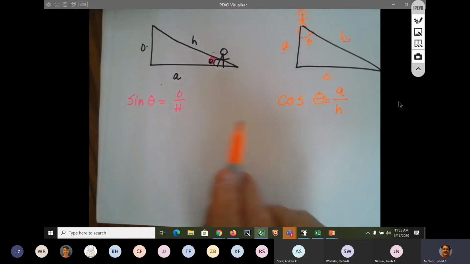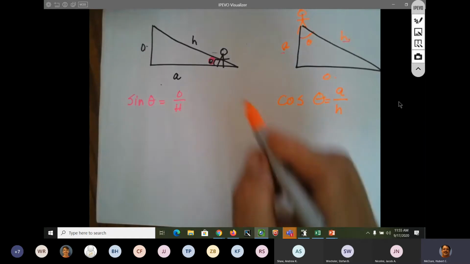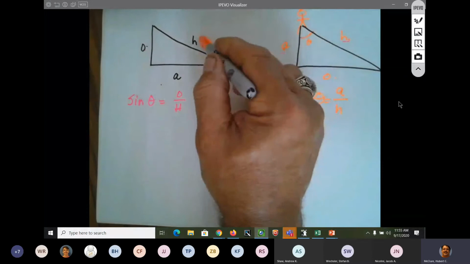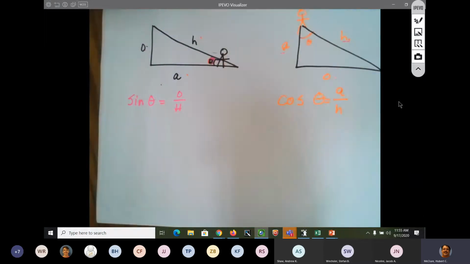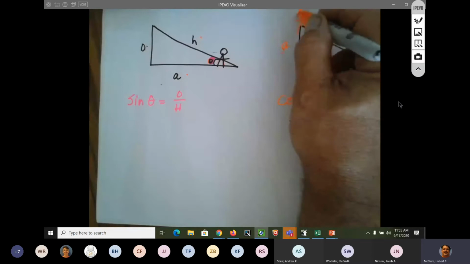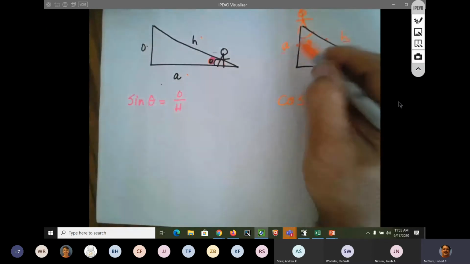Now, I don't want to confuse anybody, but I just tell students, if you see the theta down here, then you put your little man down here, and you know this is the hypotenuse and this is adjacent. If theta is up here, then you put your little man up here, and his foot is on the hypotenuse and the adjacent.